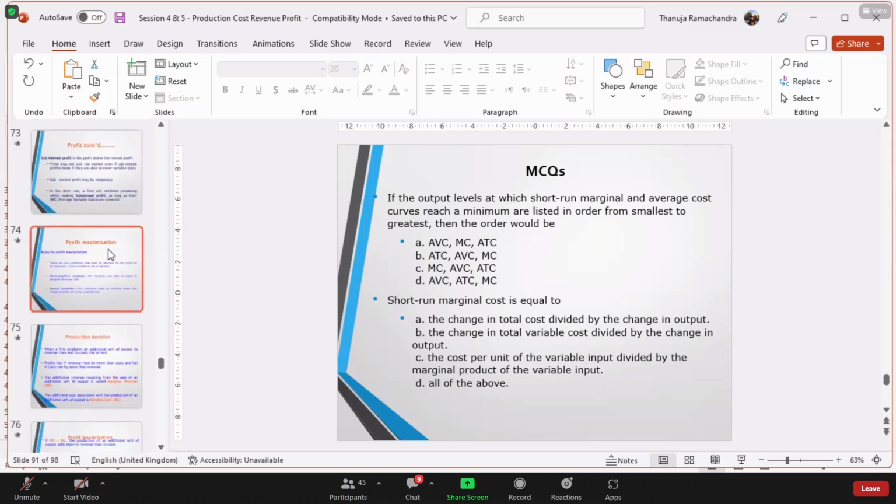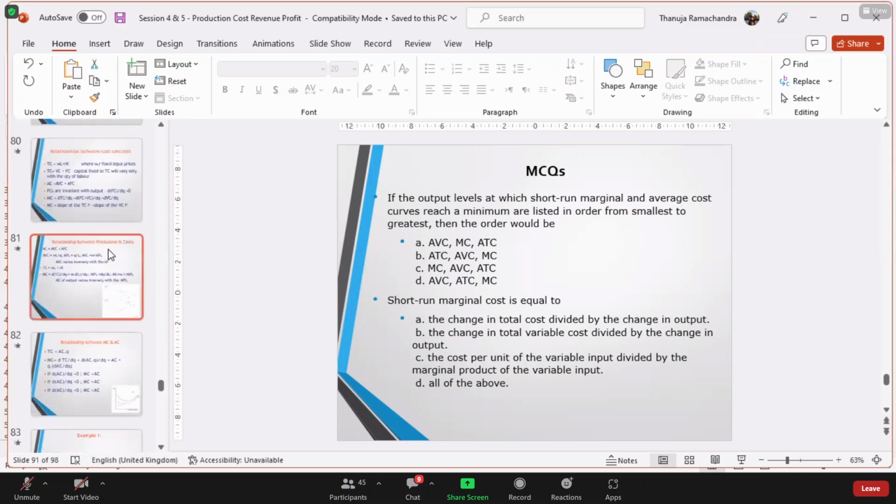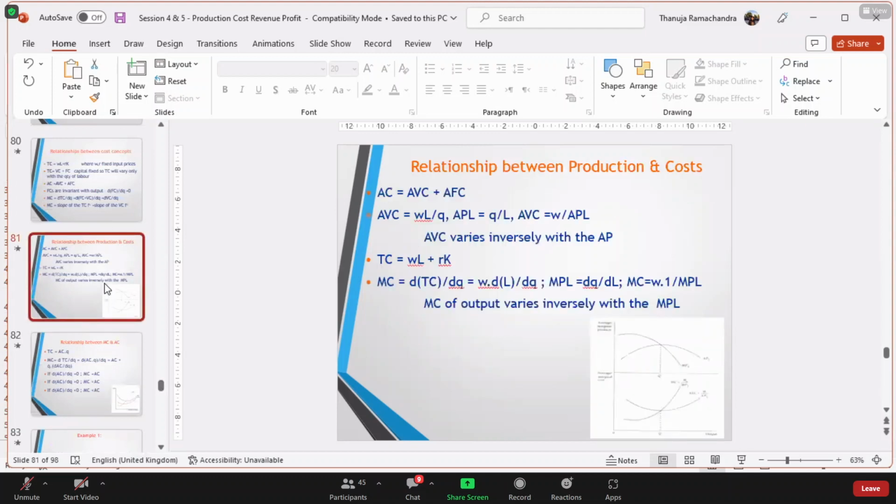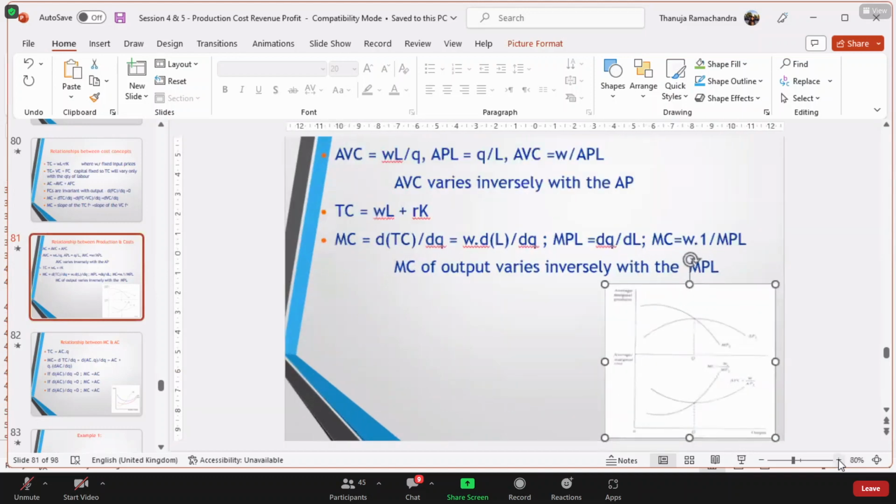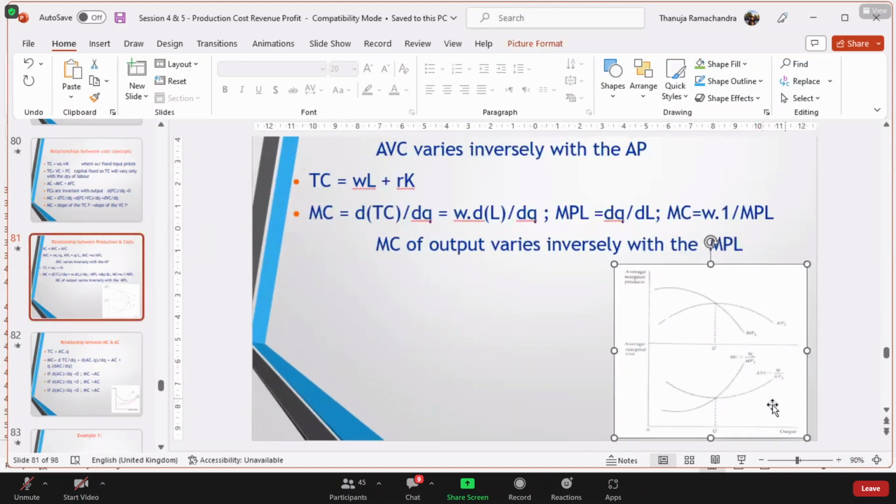Relationship. So AVC we can write like this, W over APL. MC also we can write like W over MPL, right?